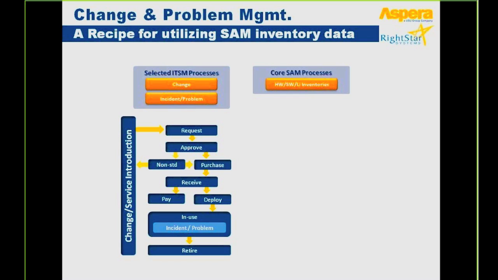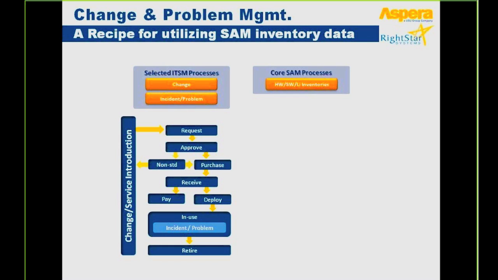It starts with a request, there is an approval, and then you have the purchase of the corresponding software. At one point in time, you will receive the licenses, you pay, you deploy. Once you deploy it, it is part of the incident and problem management process until the software is retired.